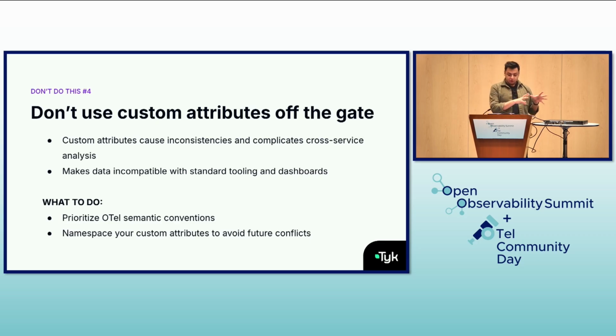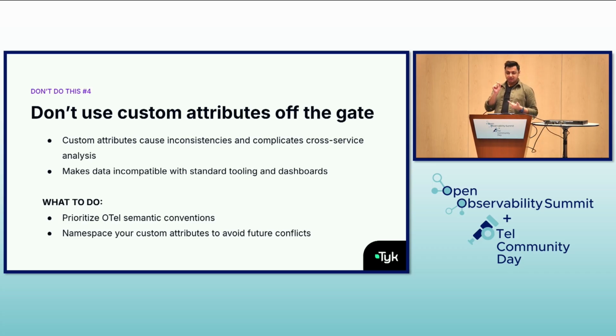So what to do? Prioritize the OpenTelemetry semantic conventions, and namespace your custom attributes if you are using them, to avoid future conflicts. There might be cases where you may not be able to avoid something like this. One example where we had to go down this route for custom attributes was GraphQL errors. If anybody has used GraphQL, error handling out of the box isn't really great, and that can be a bit of a challenge in terms of how things are dealt with.